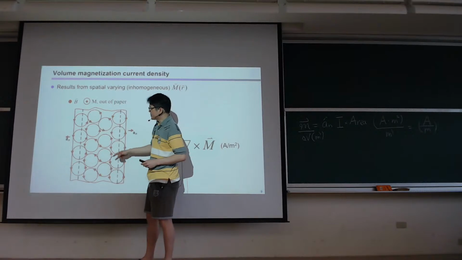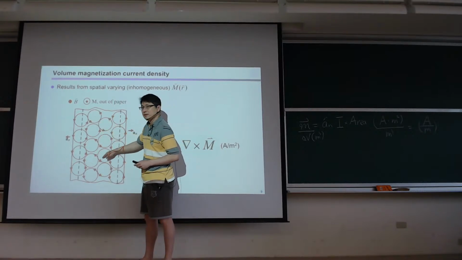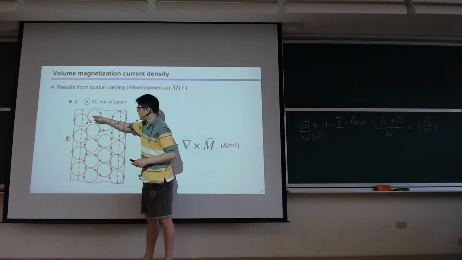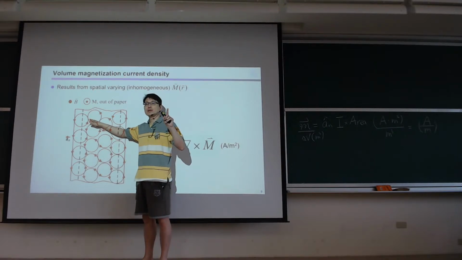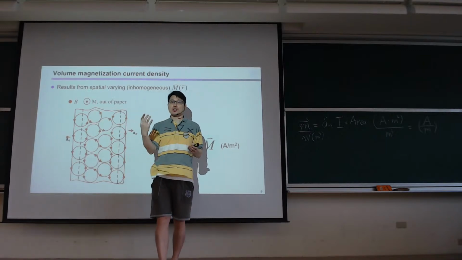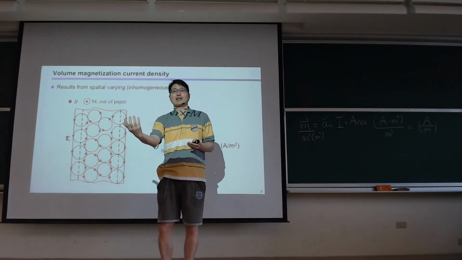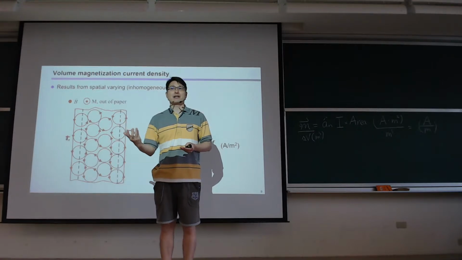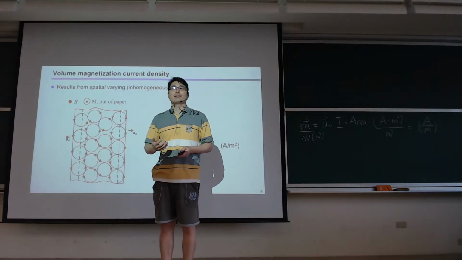So in this case, point by point, as we discussed, you have no net current. How can you expect the entire volume to show up with a net current? That doesn't make any sense.